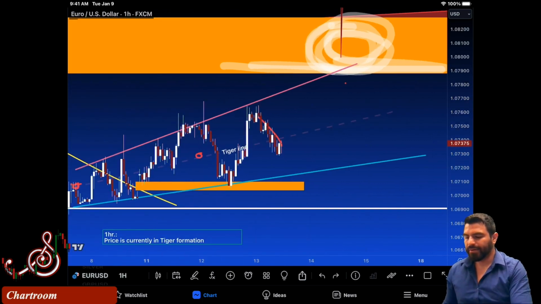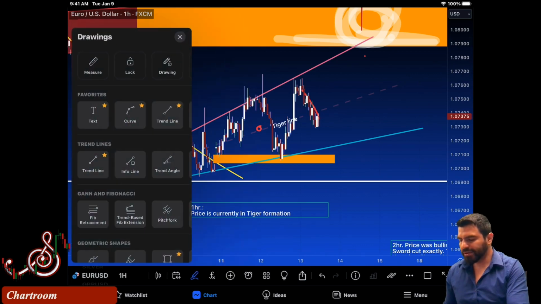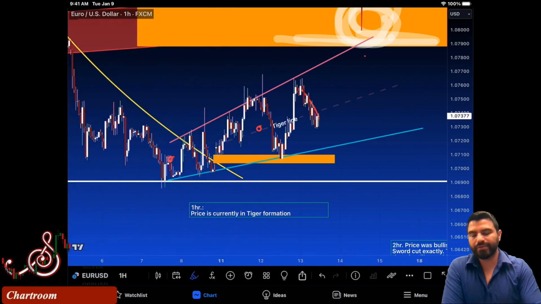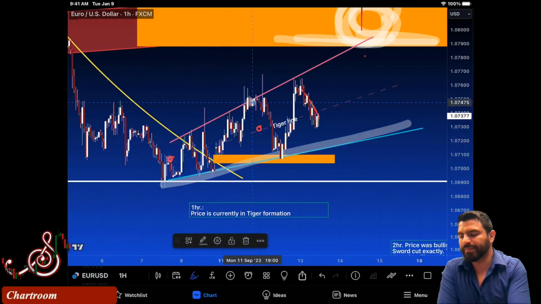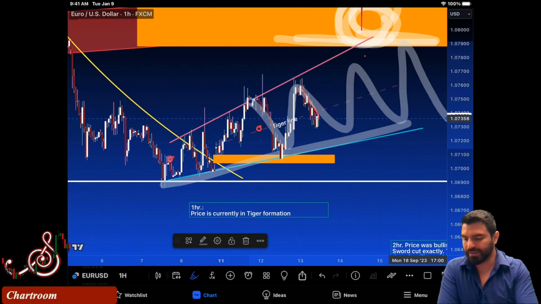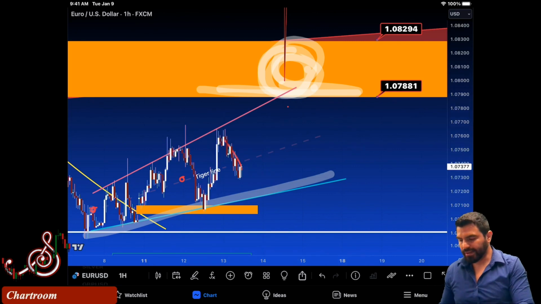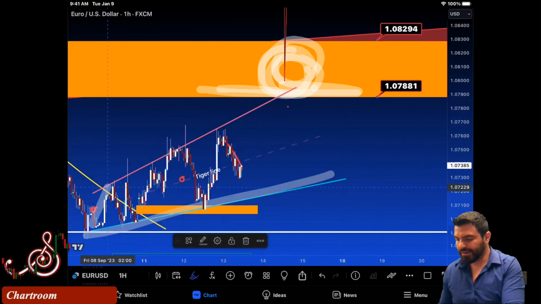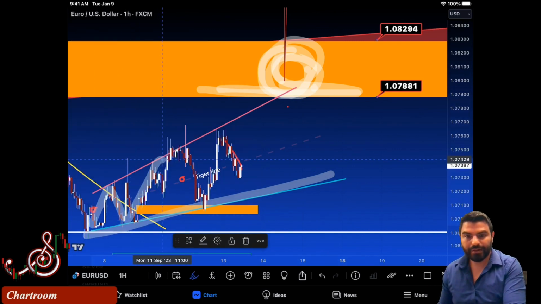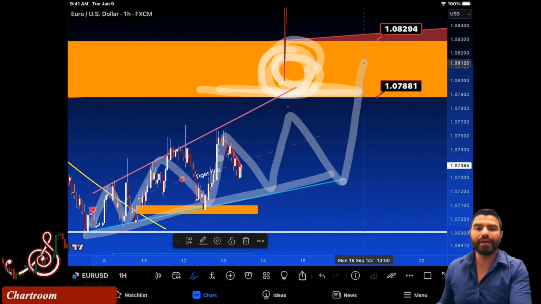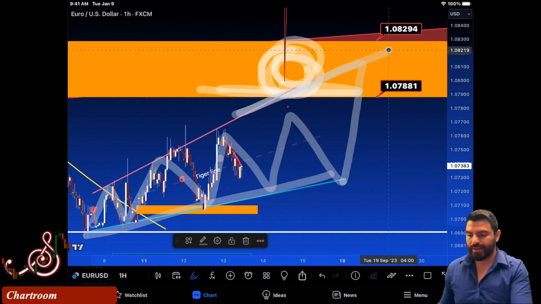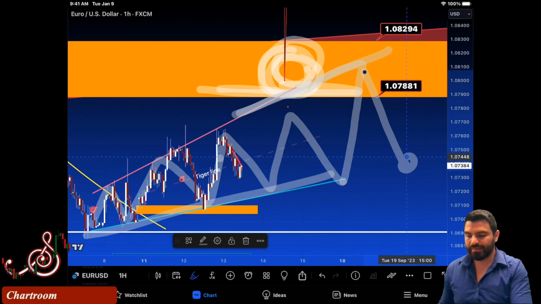Okay. Now, all Tiger energy means, and this is advanced, so I'm going to make things really simple. It's just the price is bouncing up and down between this triangle. The triangle expands outward. Okay, that's all that means. See how it's small here, but then bigger and bigger. I think you guys know that the top is up there, and you guys know that the bottom is still down here.